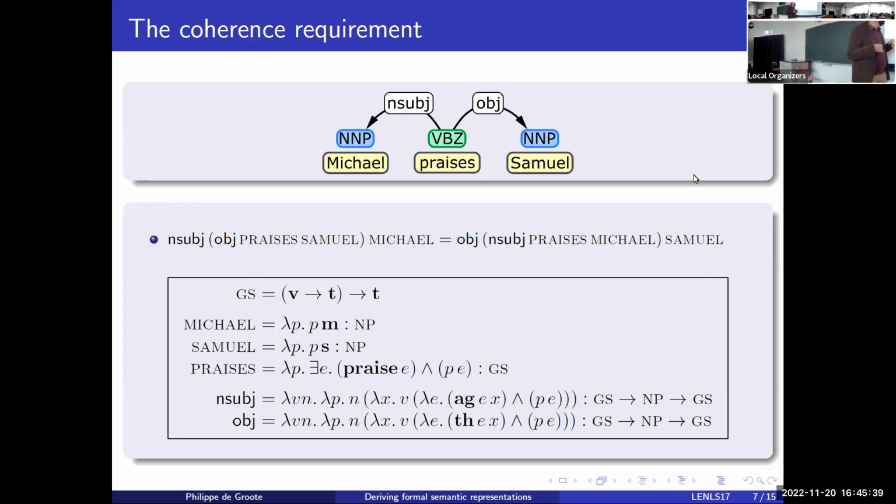That noun phrase is applied to the verb as in Montague, but the verb will receive the information that the entity corresponding to the noun phrase is the agent of the event, and in the case of the object, that it is the theme of the event.